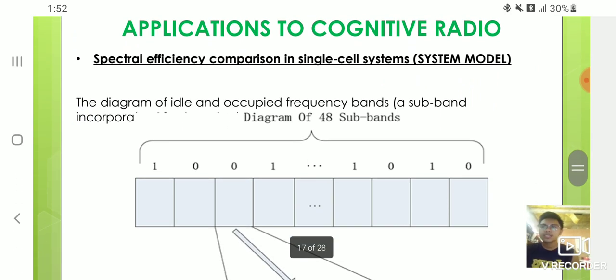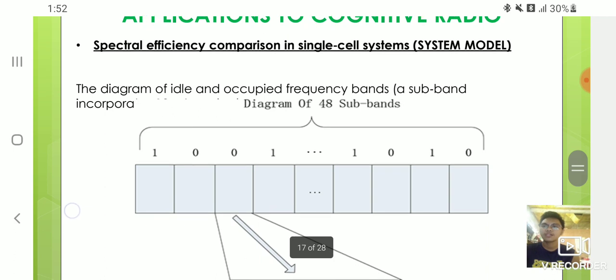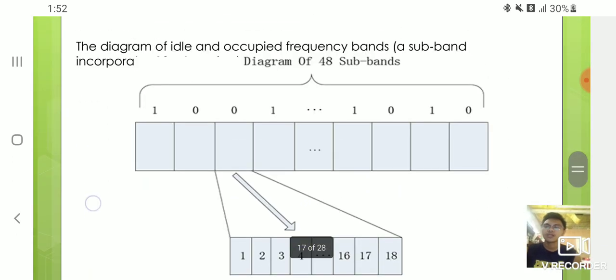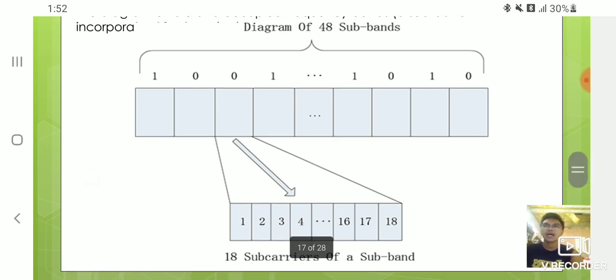Next is the spectral efficiency comparison in single cell systems, the system model. The diagram of idle and occupied frequency bands. Here, assuming that the whole bandwidth is divided into 48 subbands, each subband includes L equals 18 subcarriers. A spectrum hole may incorporate many subbands.